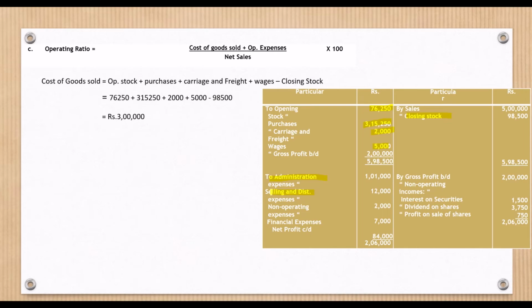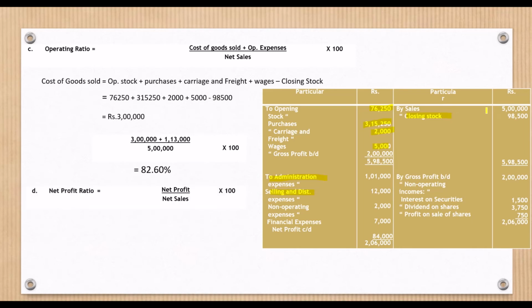So 1,01,000 plus 12,000 will get 1,13,000. So if we add 3 lakhs plus 1,13,000 divided by sales, which is 5 lakhs as we know, into 100, the ratio will be 82.60%.